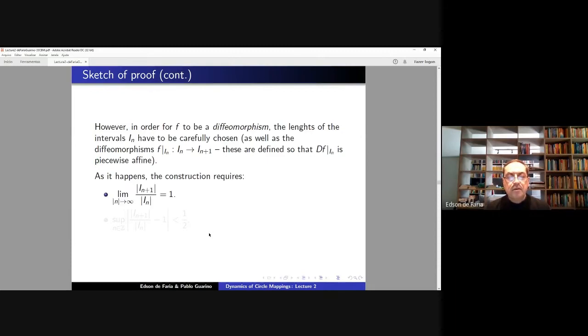The first is that as you let n go to infinity in the positive or negative directions, the ratio between successive intervals in this bi-infinite sequence has to go to 1 as n goes to infinity, okay? And the second condition is that they cannot differ too much from 1, you know? They have to stay close to 1 in some sense, for all values of n.